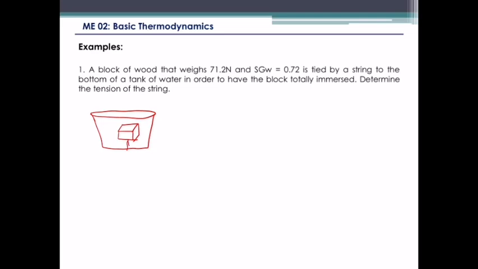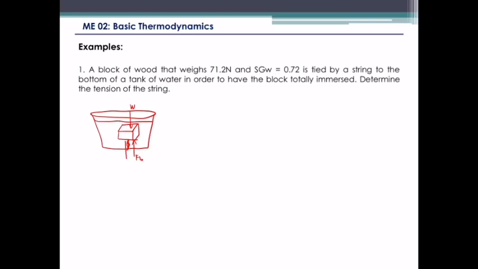So this is our string. It ties the block of wood to the bottom of the tank. So we have forces: the weight, the upward force of the buoyant force, and since we have a string, we also have tension.